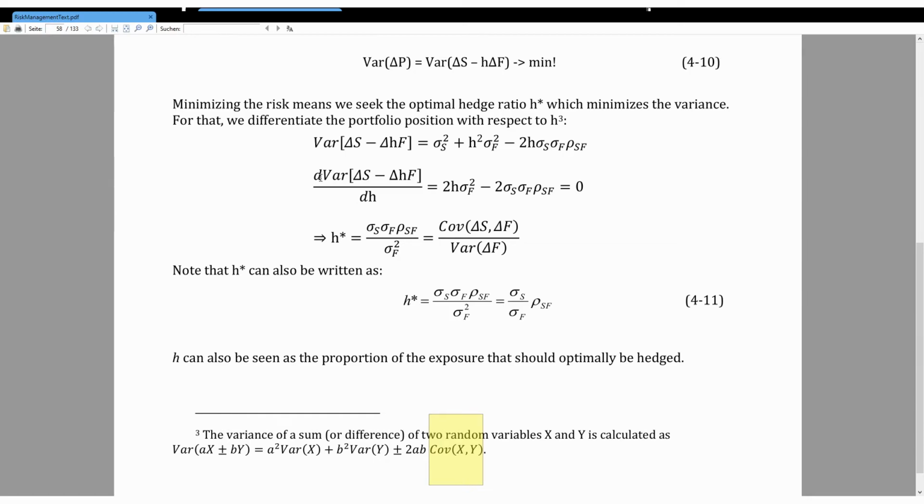Then we take the first derivative with regard to h, and that gives us this expression. Then we set that equal to 0 to find out where the minimum is.